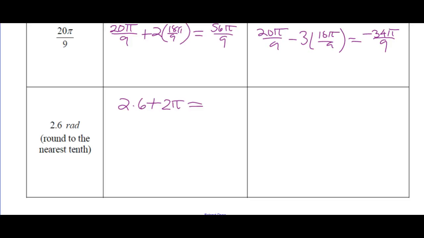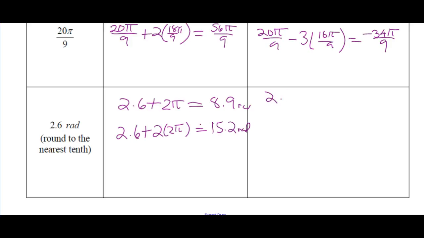Just do it on your calculator: 2.6 plus 2 pi, and round it to the tenth. What do we got? 8.9 or 8.8? 8.9 rad. And then 2.6 plus 4 pi, which is how much? 15.1 or something? 15.0? What is it? 15.2 rad.